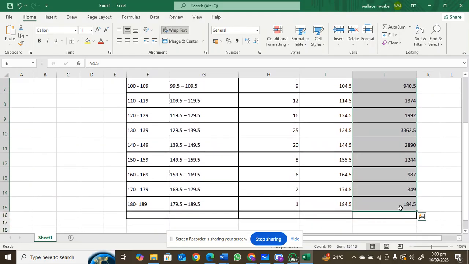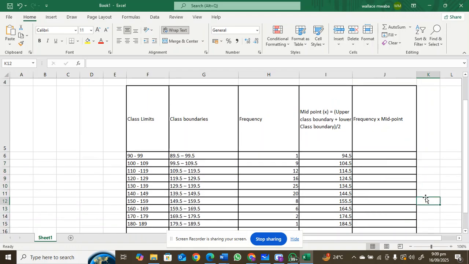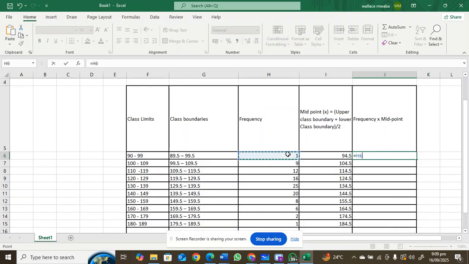After you've got your midpoints, the next thing you need to do is multiply the frequency by the midpoint. Each frequency is multiplied by the midpoint, so 1 times 94.5 is 94.5, and 9 times 104.5 is 940.5.